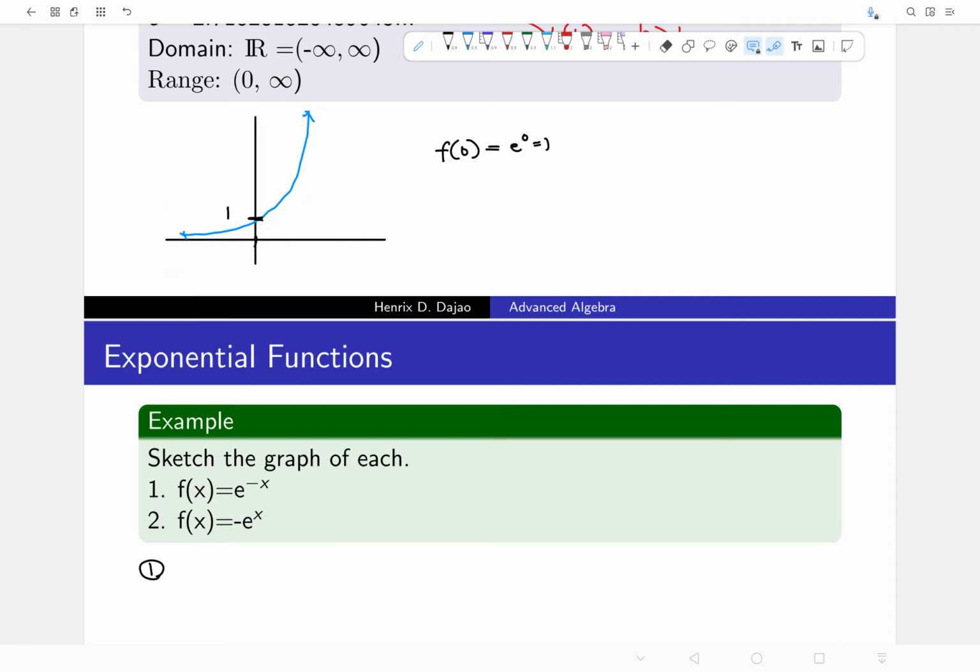So for example, if your x is 1, here it becomes negative 1. So this is now the corresponding.